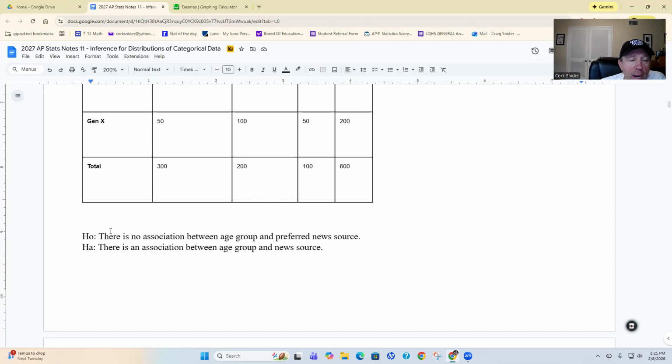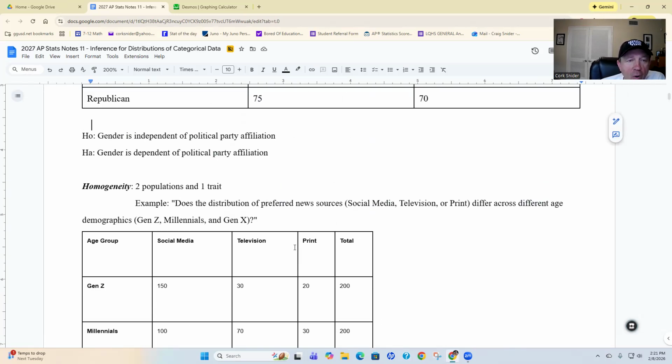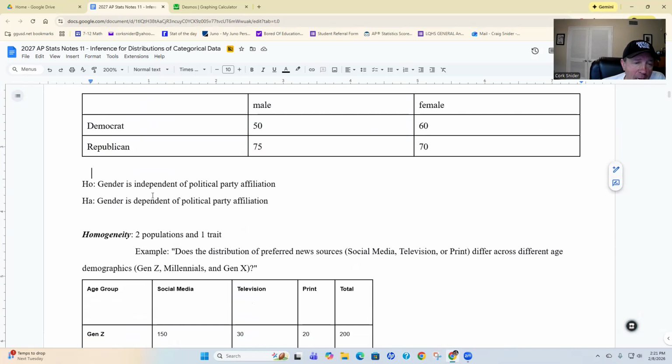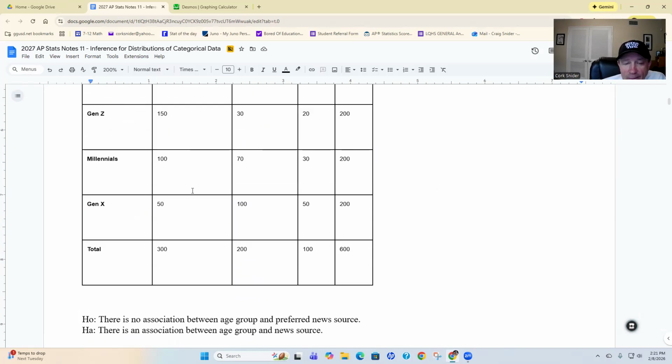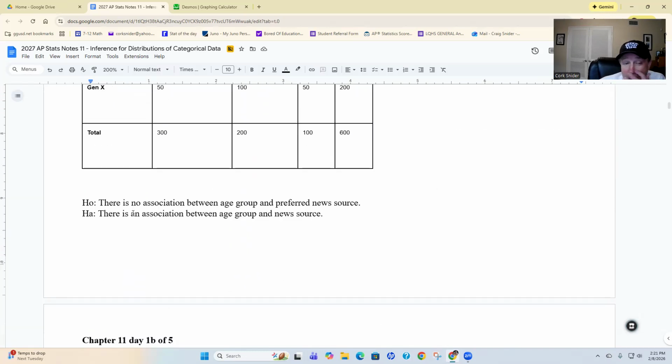Okay. So here's your H0. There is no association between the age group and preferred news source, and HA, there is an association. So up here we used dependent and independent because it was test for independence. You could still write this with the word independent. You could say age group is independent from preferred news source, and your news source depends on what age group you're in.